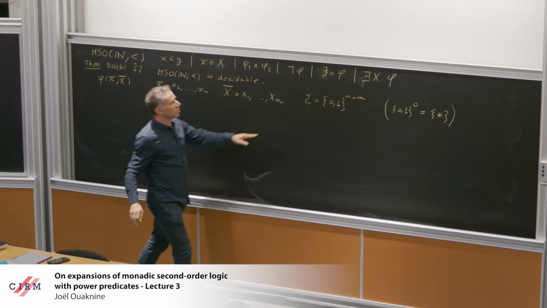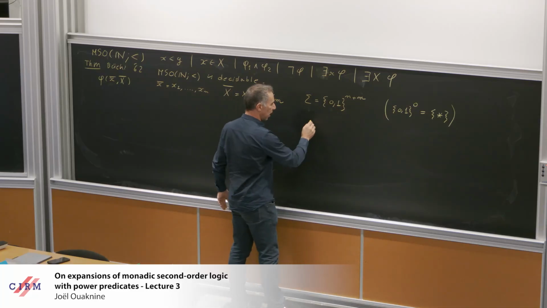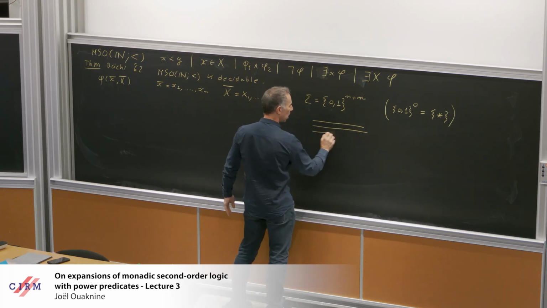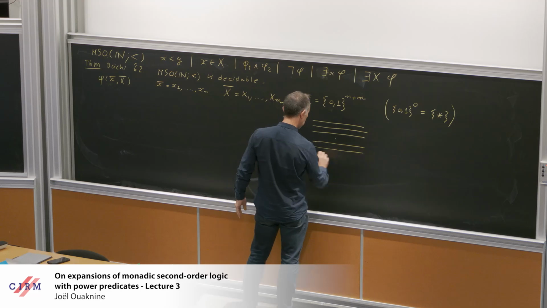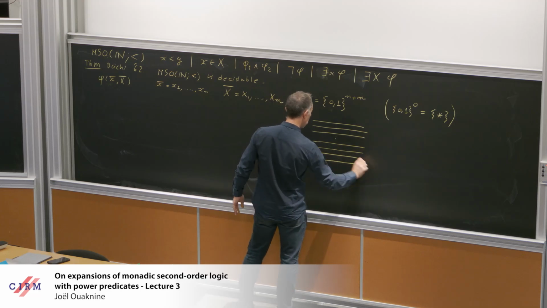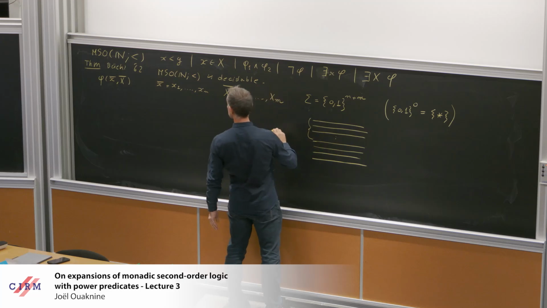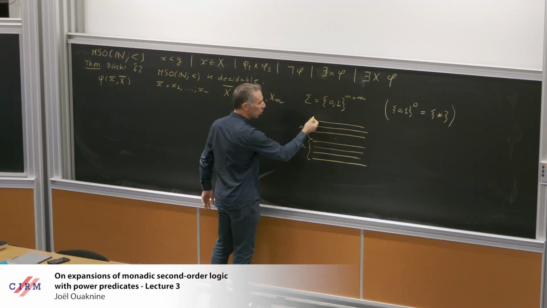Intuitively I should explain what this is. What is {0,1}^(n+m)? You have a word, and a word is going to be composed of tracks. So you have n tracks, and then you have m tracks. What is a letter?